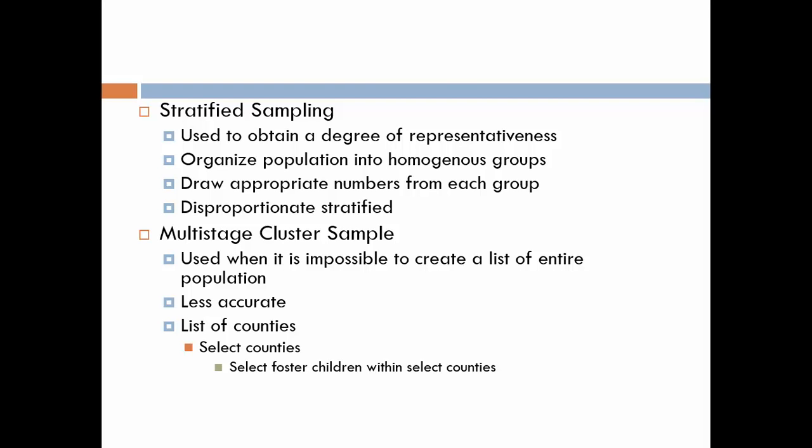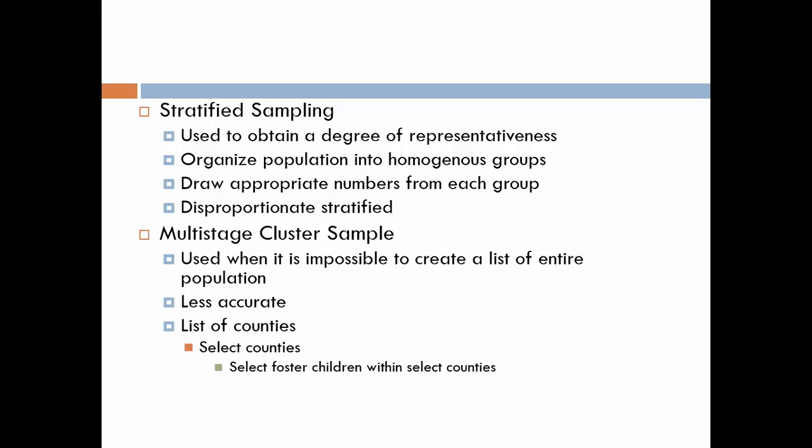They randomly selected 90 counties from there. Then they were able to call these counties and get a list of all the kids in each of these counties. So they had tens of thousands of kids in this list, and from there they chose 5,000 children. This is still considered a random sampling design, but it's a little less accurate than the other ones.